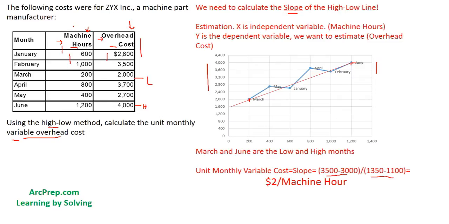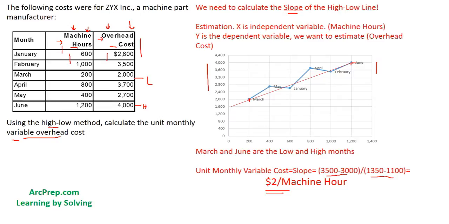In mathematical terms, machine hours is called the explanatory or independent variable, and this is the dependent variable y. The overhead cost really depends on the number of machine hours you run. So if I do the math, what I'm finding is that for every single machine hour, according to this graph, and obviously not all data points will be on the graph, I'm doing an estimation, I will be spending $2. That is going to be my variable cost.